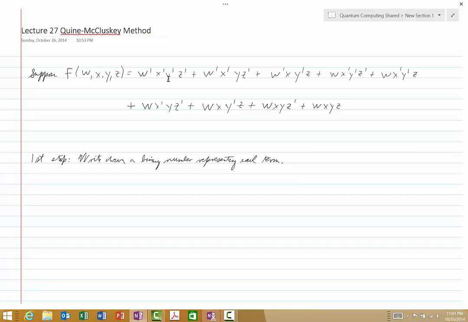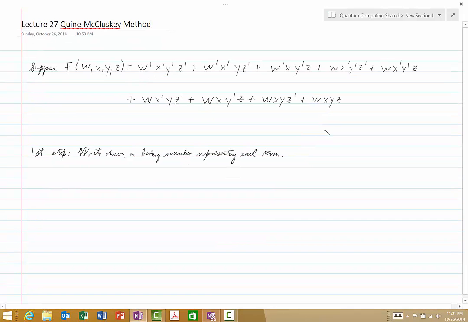For instance, just as a quick example, suppose that the first term had been x prime y prime z prime instead of w prime x prime y prime z prime.